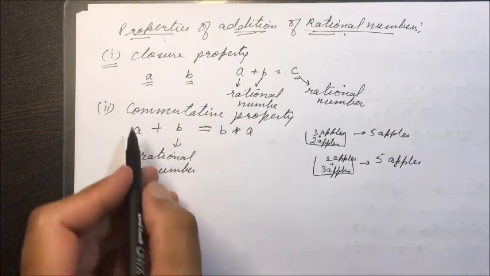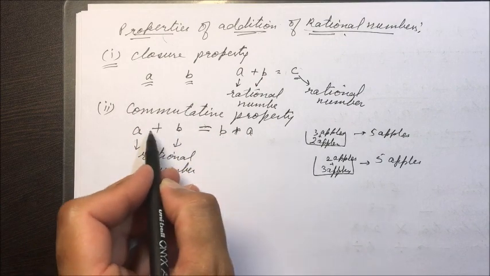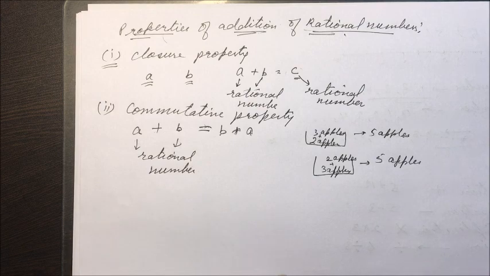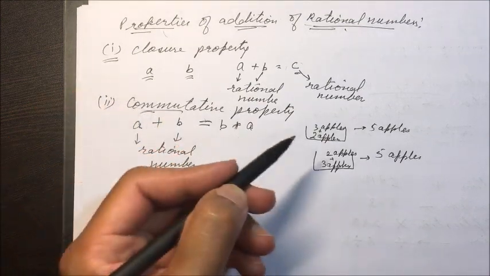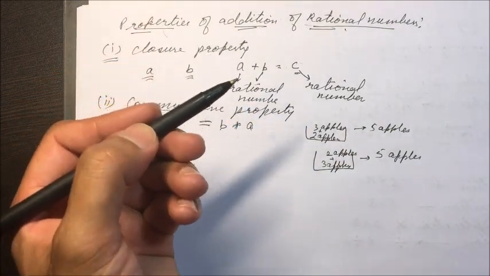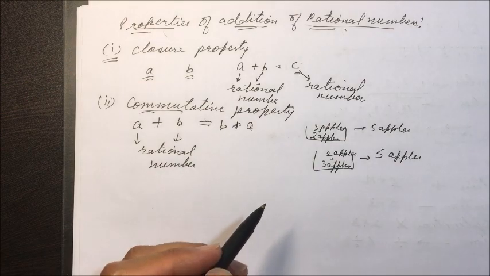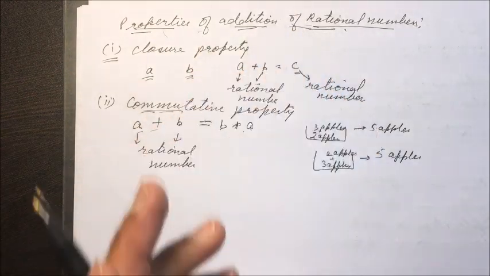So it doesn't matter whether B is added to A or A is added to B, they both will have the same result. Or, for example, you and your friend are commuting in the metro. Whether you commute first or he commutes first, the result is that both will be inside the metro. So this commutative property holds on addition.